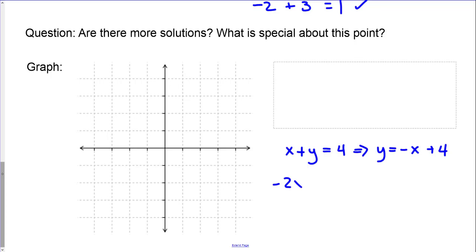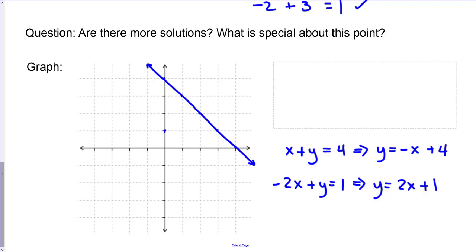Similarly, negative 2x plus y equals 1 will be easier to graph in the form y equals 2x plus 1. So the first line has a y-intercept of positive 4 and a slope of negative 1. So the equation of that line looks like this. The other line, 2x plus 1, the y-intercept is 1 and the slope is 2.